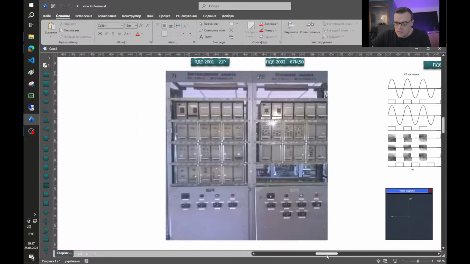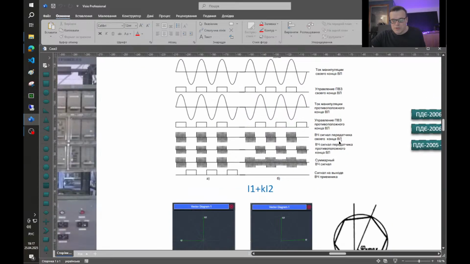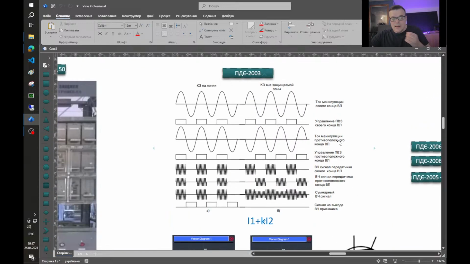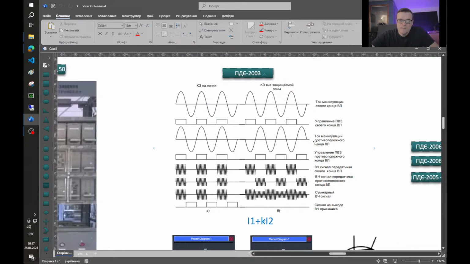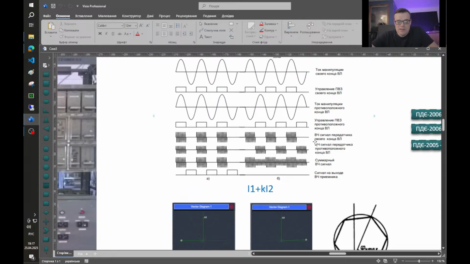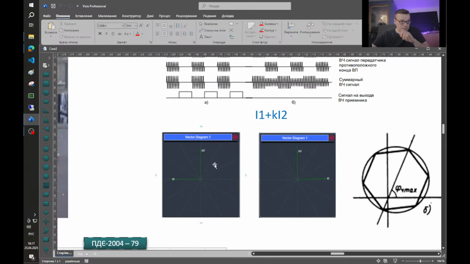okay, let's talk a little bit more about the main protection called PDA 2003. I don't see any modern or Western protection like that, because it's not only phase differential protection, but combined.